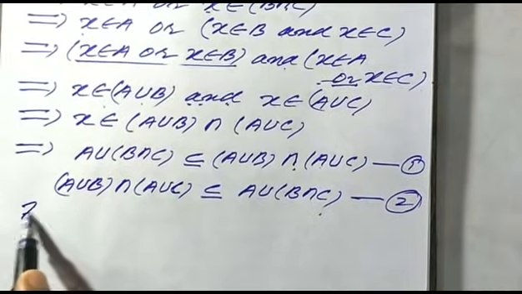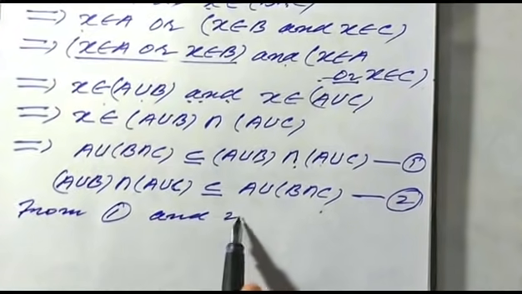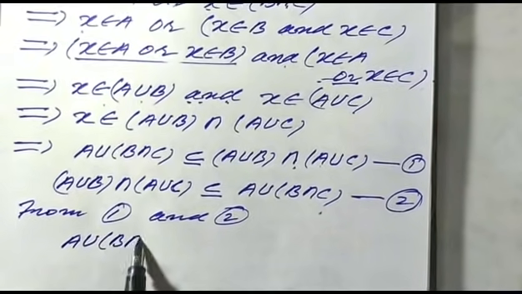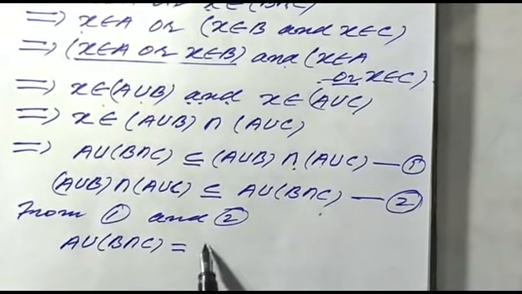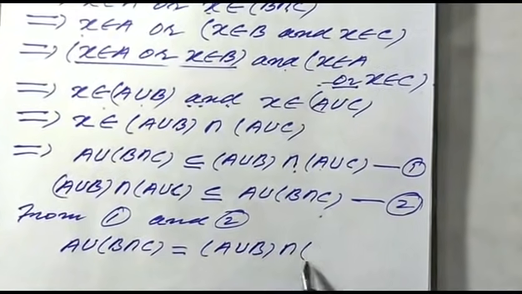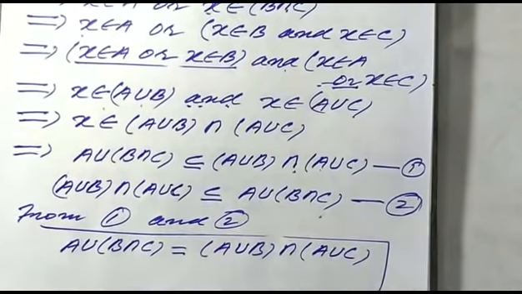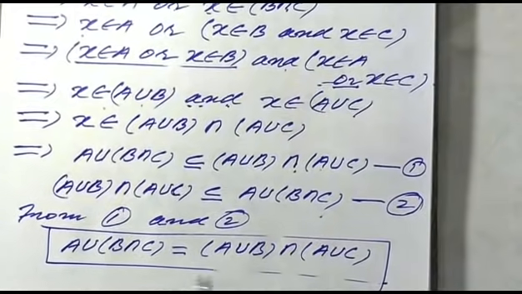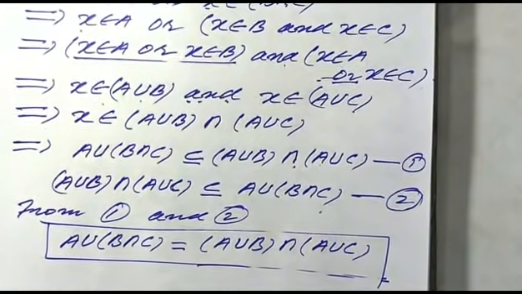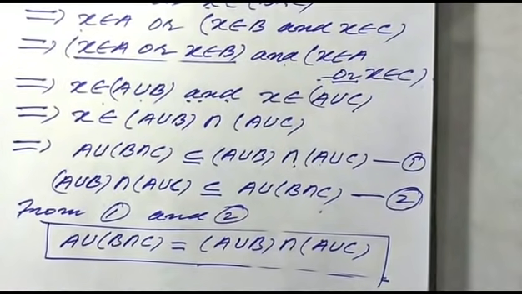So from 1 and 2, you may write A union B intersection C is equal to A union B intersection A union C. That's proved. So we have proved the first distributive law in this way, and now you should try the second distributive law yourself.